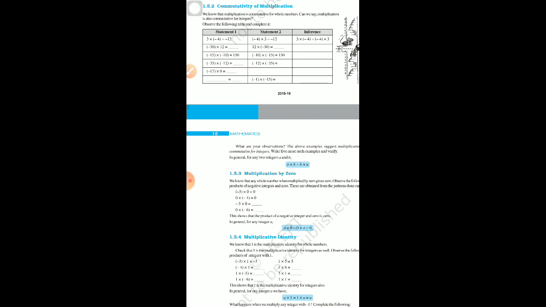Multiplicative identity. If we multiply any integer by 1, there will be no change in that integer. So 1 is the multiplicative identity for integers.